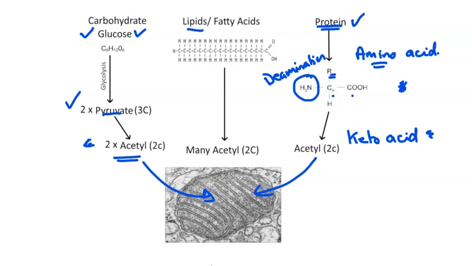Lipids, on the other hand, and represented here by fatty acids, are capable in their 100 grams of producing many, many more acetyl groups. If we look at the molecule here, the fatty acid with its carboxylic acid group at this end, what happens is that this chain is broken down to form two carbon structures.